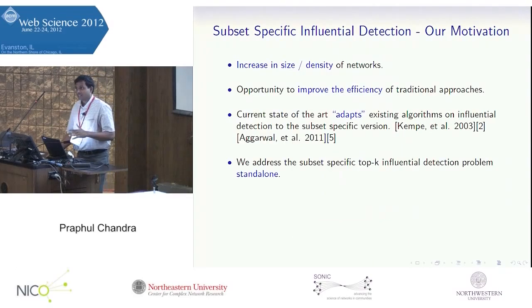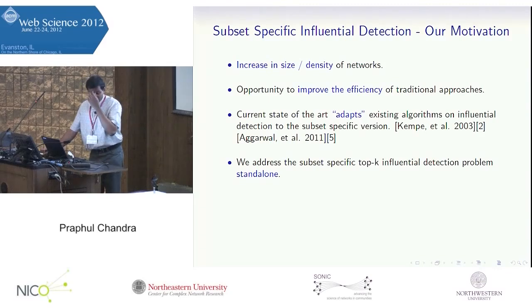So we could model any such subset and then use the underlying network to frame the problem of subset-specific influential detection. Our primary motivation has been that nowadays the size of networks, especially online social networks, has increased in size and density tremendously, which gives us more opportunity to target this problem as a standalone, which helps us improve the efficiency over traditional approaches.